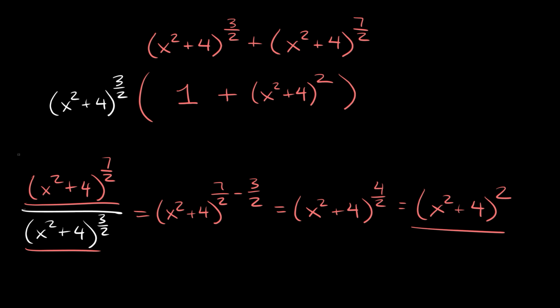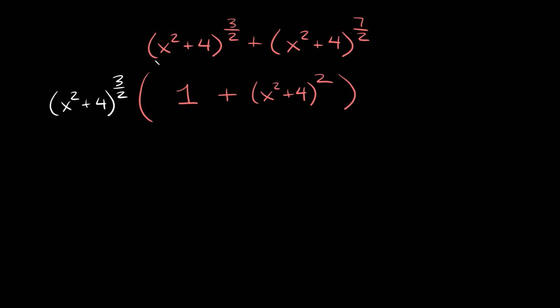Okay, cool. Now, we're not done, unfortunately. There's one last thing that we have to do, and that is simplify this binomial right here because it's squared, right? So we actually have to multiply it out. So we have x squared plus 4 squared, right? So here I'll just write it over here. We have x squared plus 4 times x squared plus 4. So first of all, x squared times x squared, that's equal to x to the 4th.